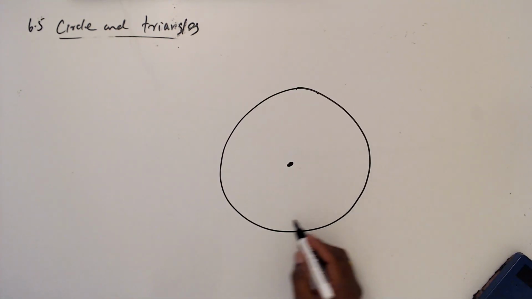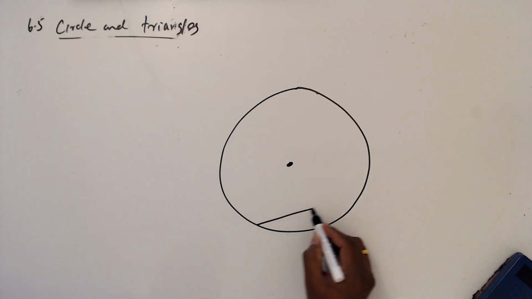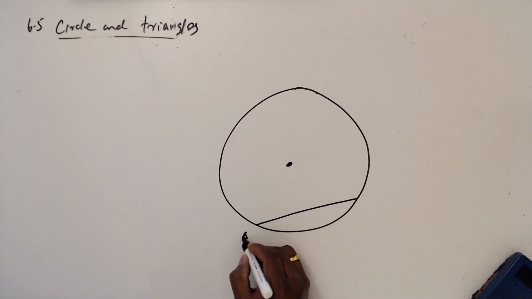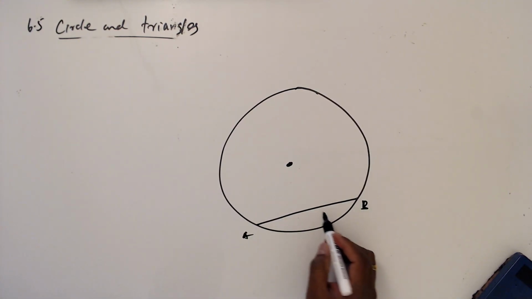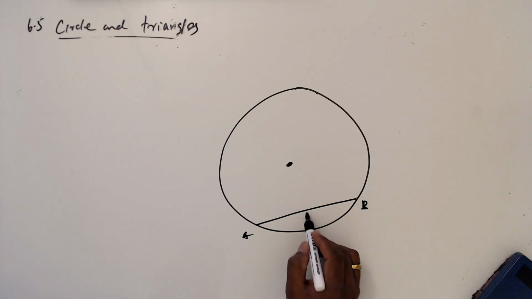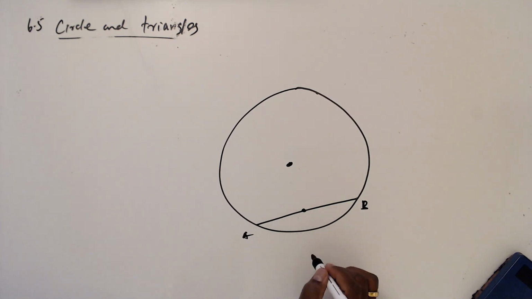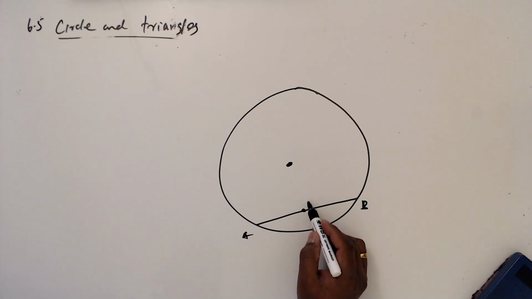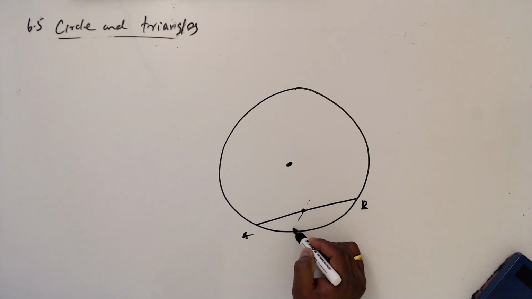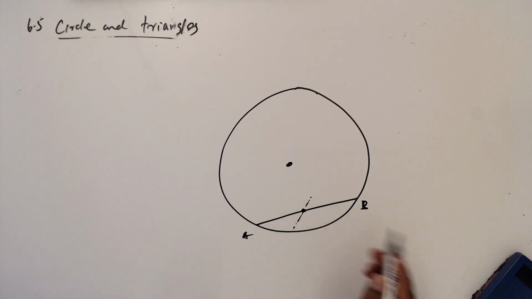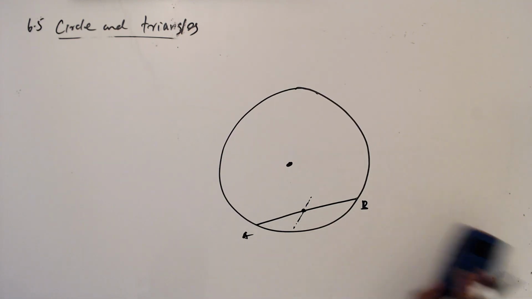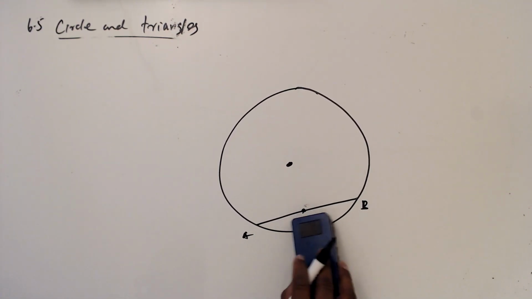The next one is, if this is a chord, let's say AB, and a perpendicular bisector. Perpendicular bisector means a line going through the middle, but it has to be 90 degrees, not this one.